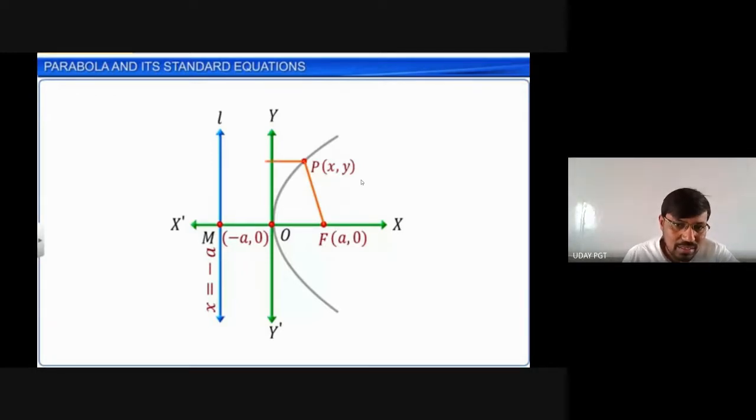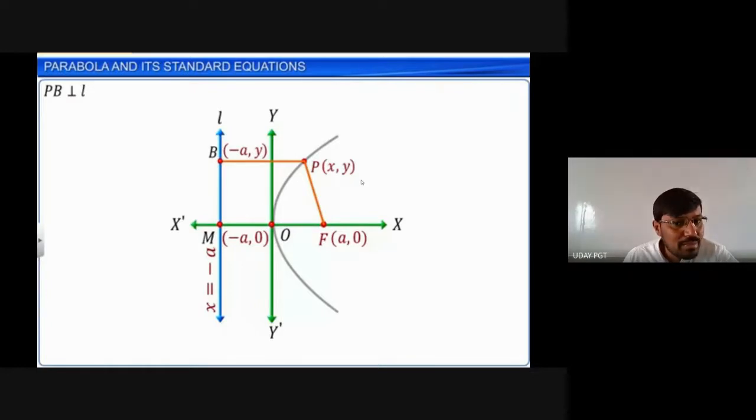The distance to the line is nothing but PB, which compulsorily should be perpendicular to the line. Perpendicular distance should be taken into consideration. The distance of a point from a line is nothing but you need to draw the perpendicular line. And how do we get that point? As minus a comma y.